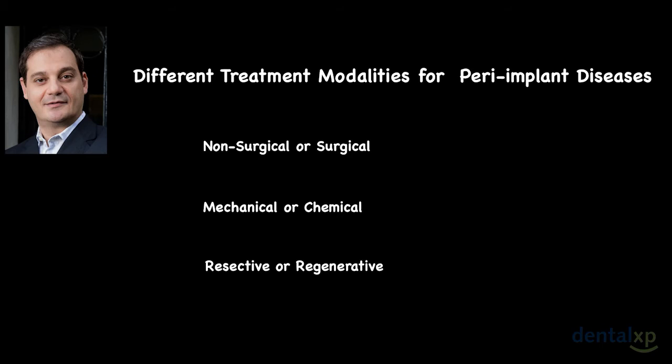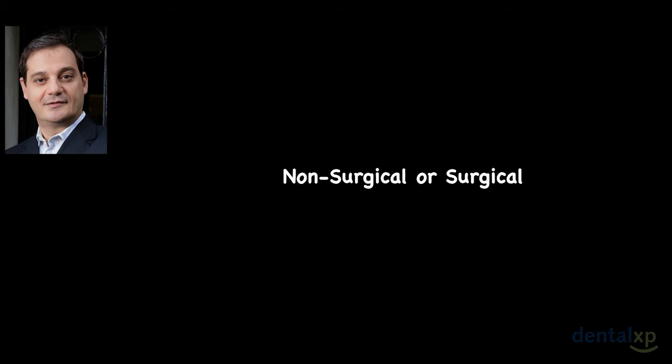That's only for the surgical. So if we look at the treatment, in both non-surgical and surgical, are we using mechanical or chemical? And if we are doing the surgical, are we leading to a resective therapy, meaning osseous recontouring, or are we trying to regenerate the bone around an implant? So let's see how this happens.